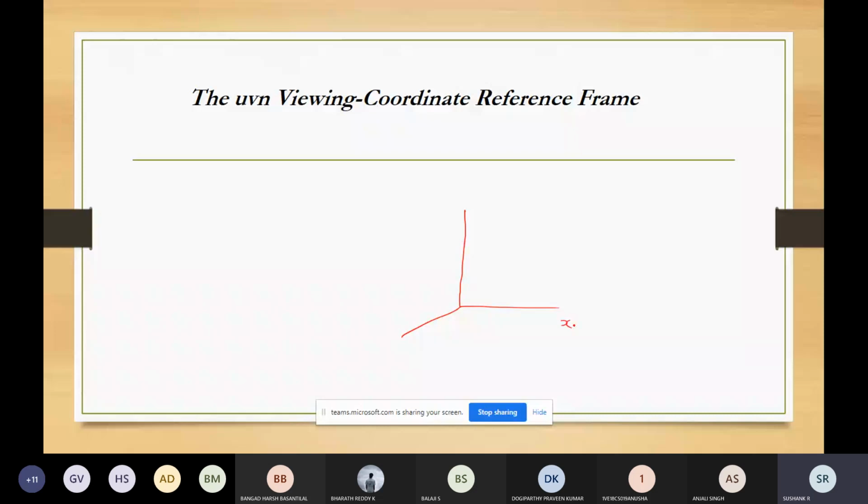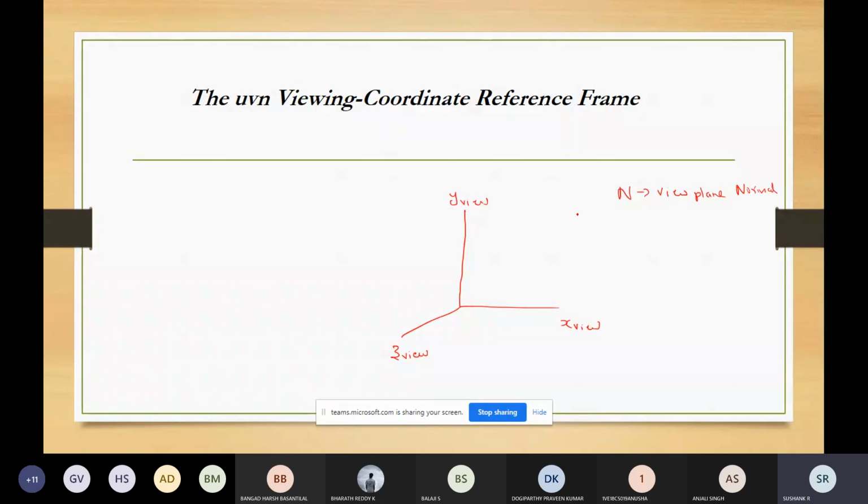This will be my X view, Y view, and Z view. So we have N, which is the view plane normal.